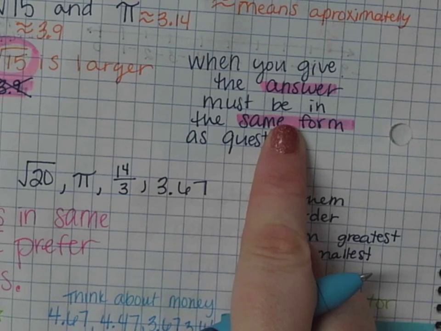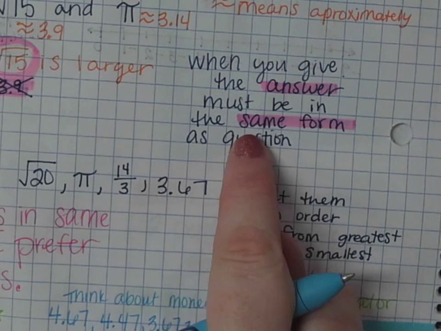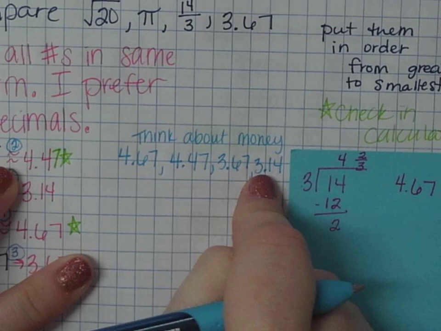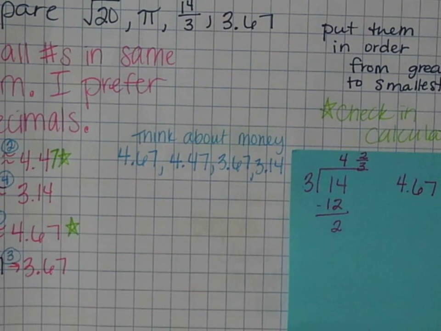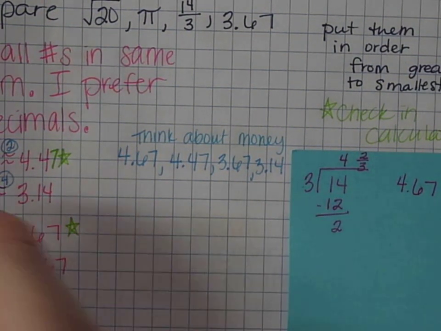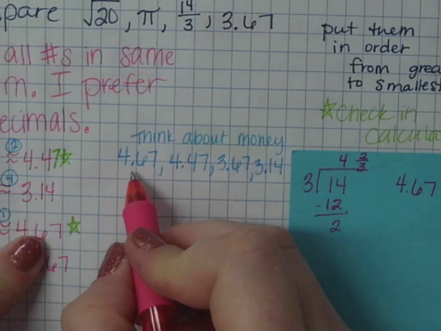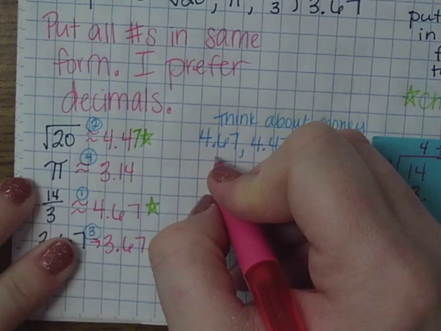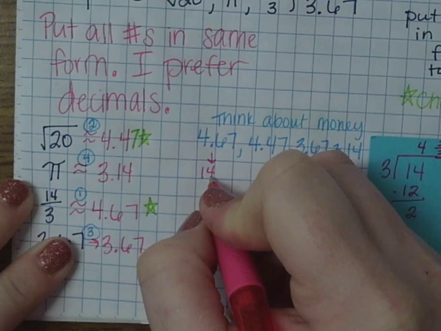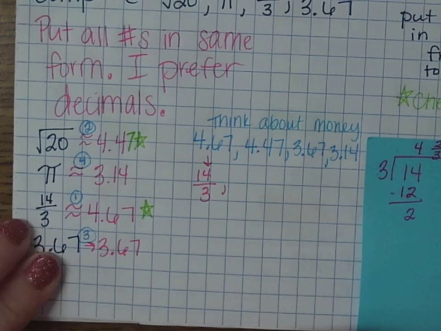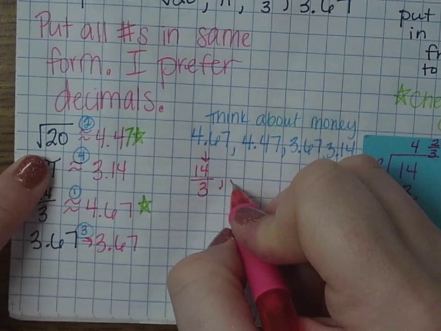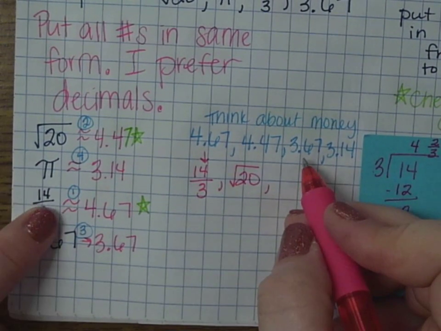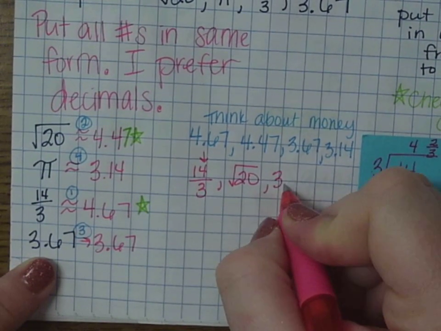Now, remember this thing up here. Your answer has to be in the same form as the question. So this is not the final answer. You would have to write it in the same form. So 4.67 was actually 14 thirds. 4.47 was the square root of 20. 3.67 was 3.67.